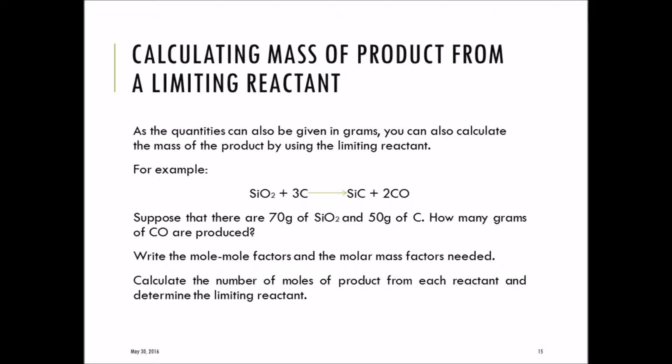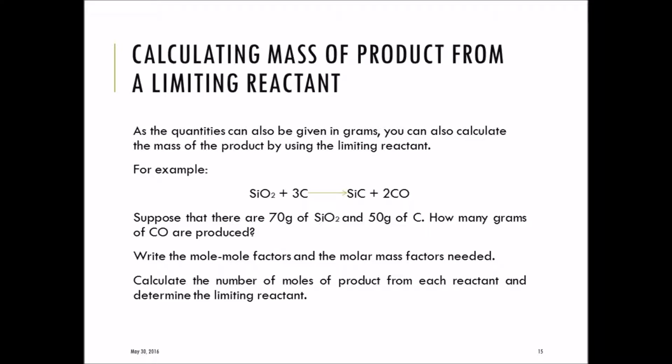Well, we are going to have to write these mole factors as we've seen. For every silicon oxide, there will be 2 carbon monoxides. For every 3 carbons, we are going to have 2 carbon monoxides.